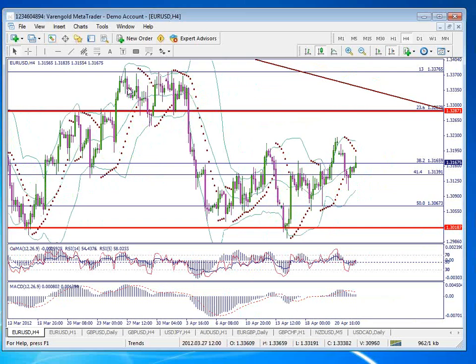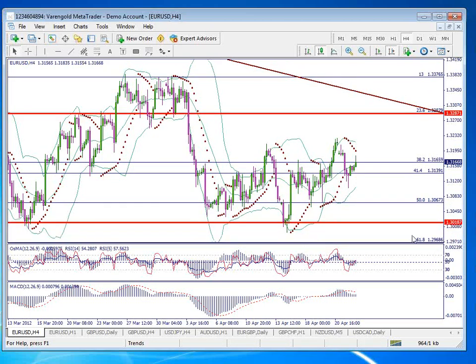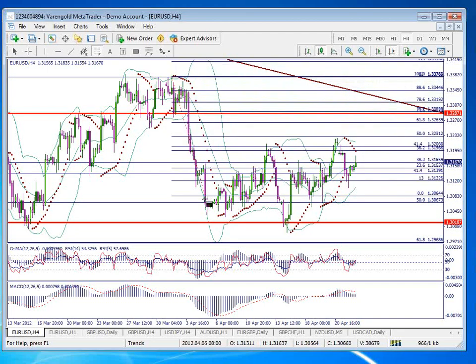Also here we can see that the last important wave was from this level 13 to 50, close to 61.8. We can put also Fibonacci here.